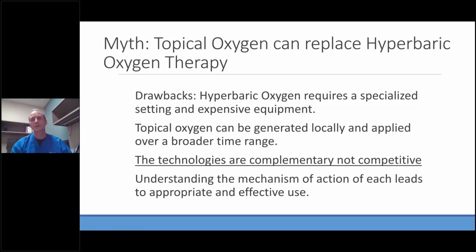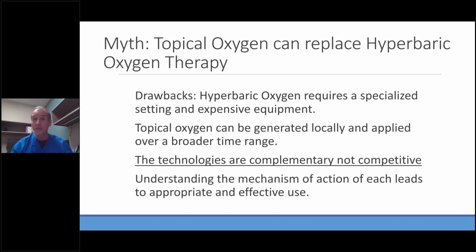All right. One thing I want to talk about briefly is that topical oxygen is not a threat to hyperbaric oxygen. I have hyperbaric oxygen therapy at dozens of centers across the United States. I don't feel that topical oxygen is a competitor. Topical oxygen is applied locally and over a broader range of time.